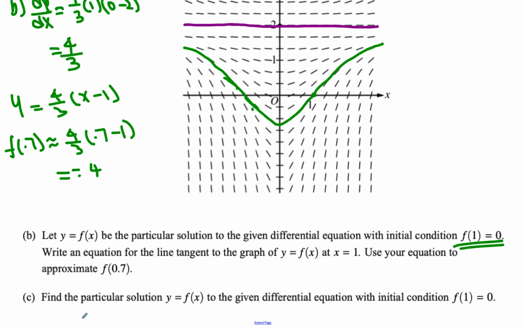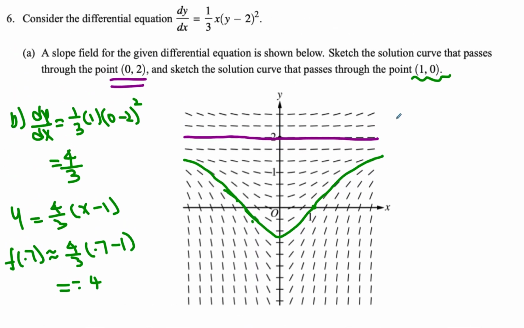How about part C? Find a particular solution. We actually have to solve the differential equation here. I'm going to do part C over here. First I need to separate the variables. So we get dy over (y minus 2) squared equals 1/3 x dx.